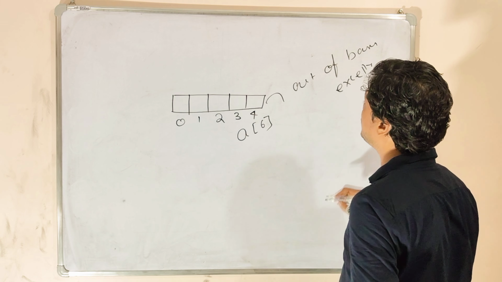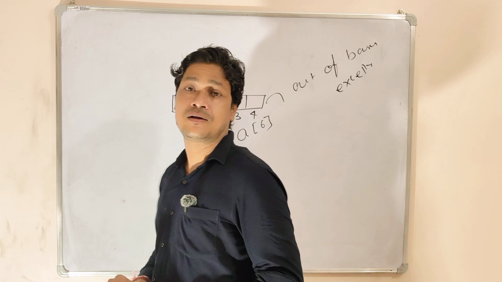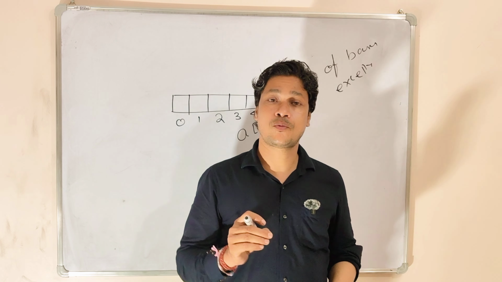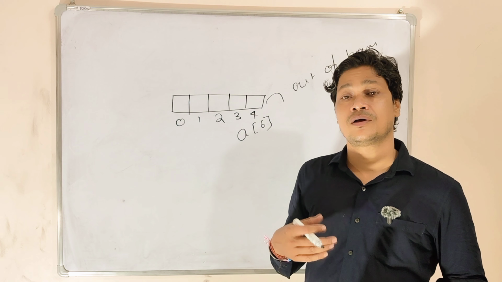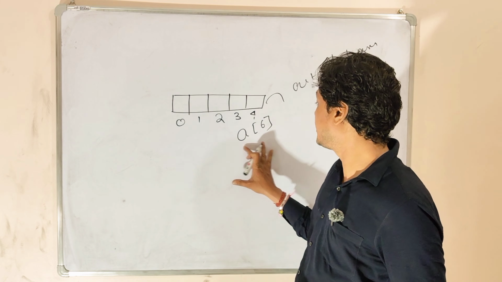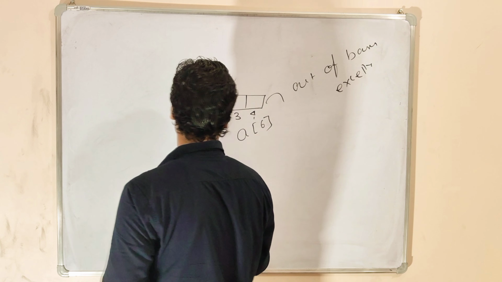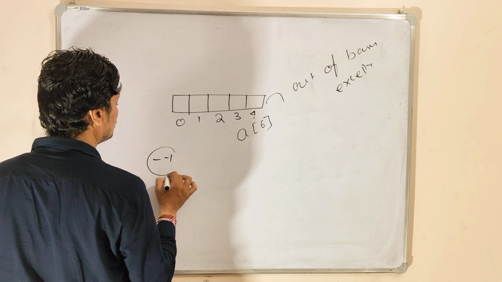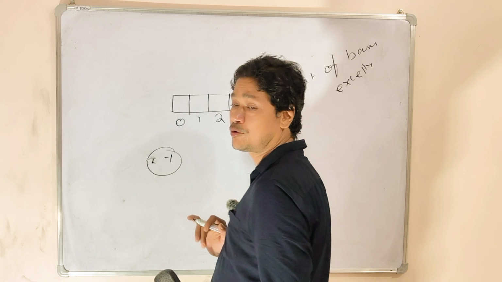Clear? What is out of bound exception? When the programmer or the user tries to access any index, suppose any negative value like -1, it always leads to array out of bound exception.